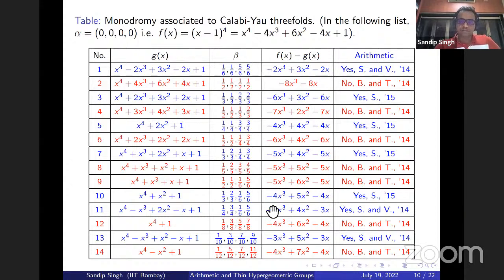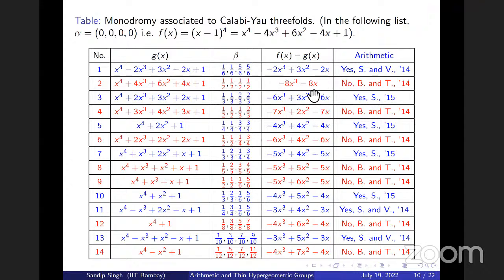And then, to some extent, just by using the proof of that theorem, in the same paper we also proved the arithmeticity of cases 11 and 13. There you can clearly see that the leading coefficient of the difference polynomial turns out to be bigger than 2 in absolute value, but still the associated hypergeometric groups are arithmetic.